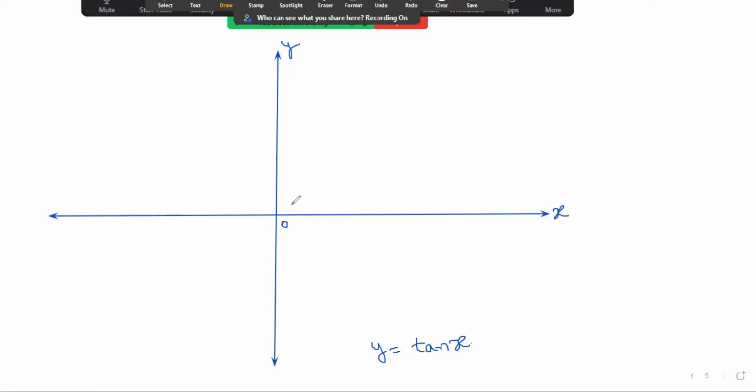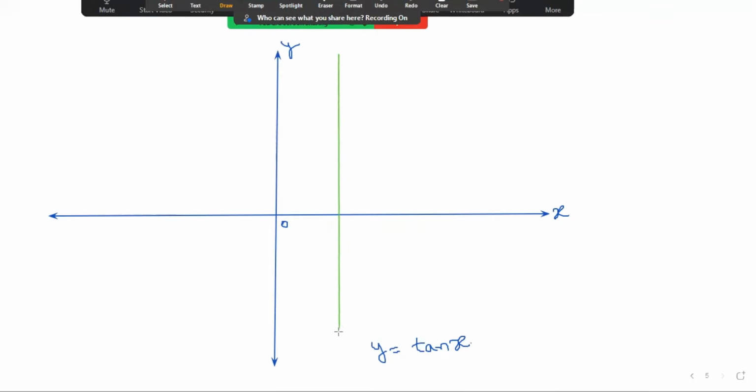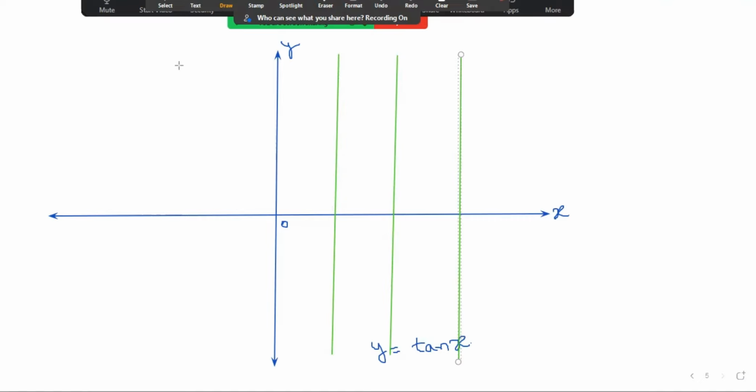This is 0. Now we require the lines which will be shown in a different color, so we will draw these lines directly on both sides. I am drawing roughly, but you have to take care, especially in exams, that the lines are equally distinct in order to show the angles.